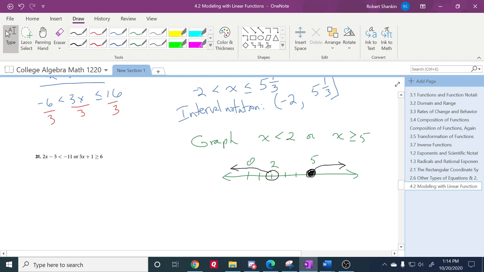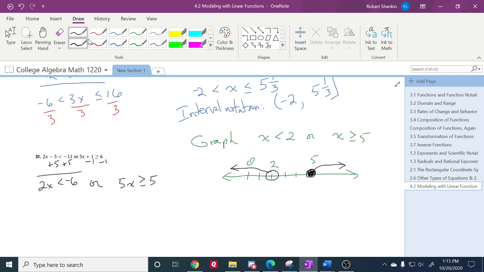All right, so now we're back over here. We solve each of these equations, and then we put them together with the word or. So I'm going to take this equation, and then this other equation, and then I'm going to divide by 2.